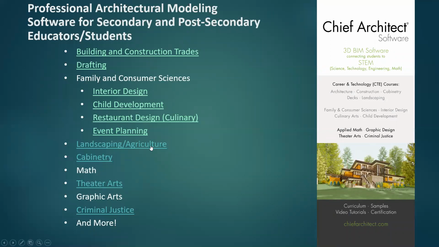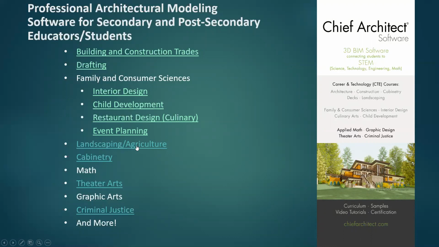Landscaping and agriculture. One of the bonus items we have in this program is a full landscaping and architecture type program. We have thousands, over 7,000 different kinds of plants with a library, not really a library, it's an encyclopedia of plants that has the different attributes of the plants, their growth rate.